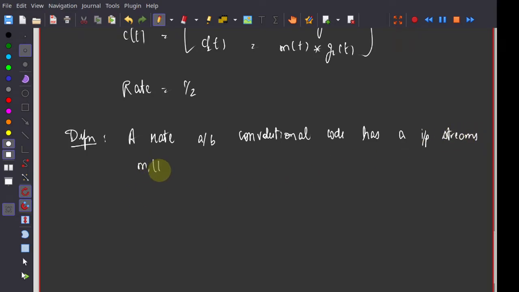So m1 of t, m2 of t, and so on up to ma of t.